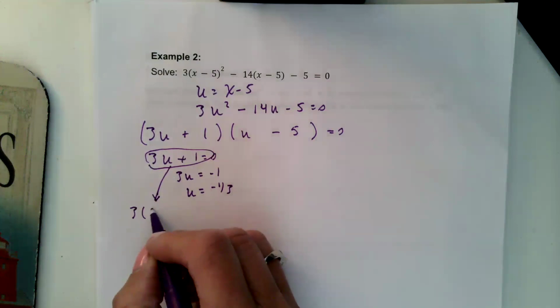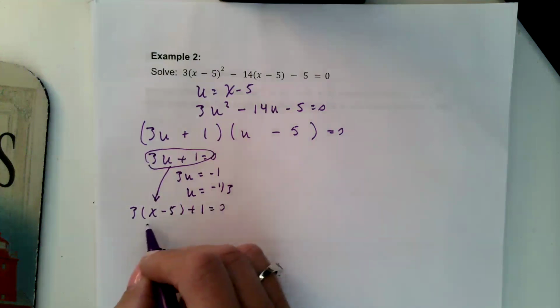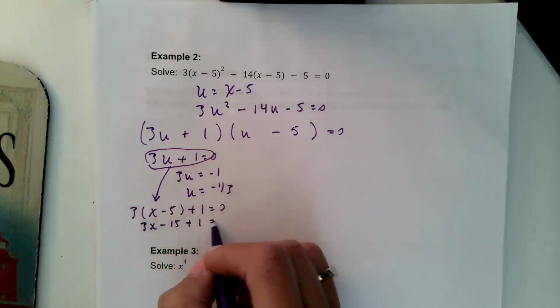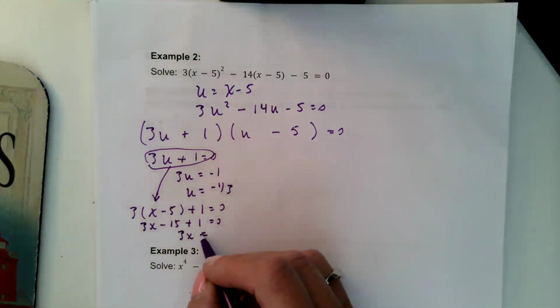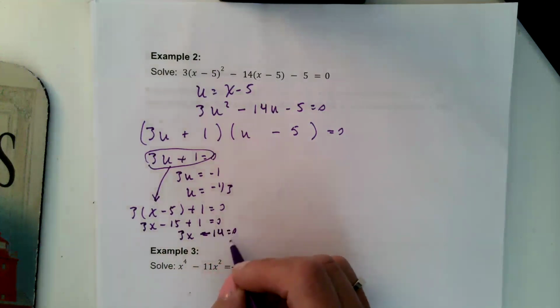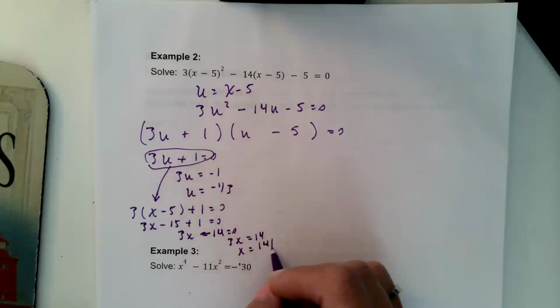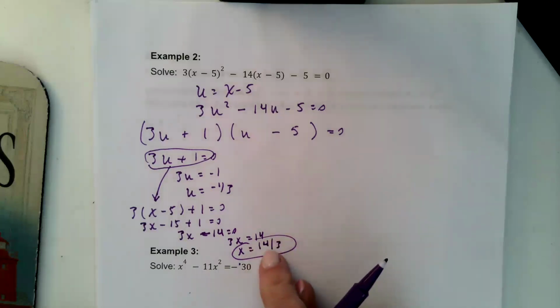So 3 times x minus 5 plus 1 equals 0. So 3x minus 15 plus 1 equals 0. So 3x minus 14 equals 0. So 3x equals 14, so x equals 14/3. That's that one. So not quite 5.